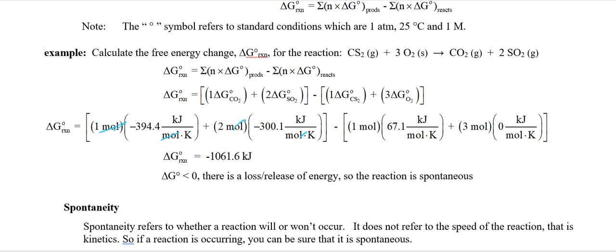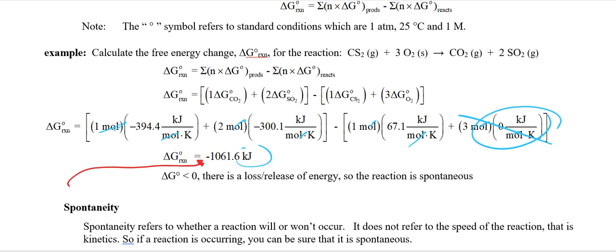Moles cancel moles, but it's 0 anyway, so who cares? And you end up with kilojoules. And that's why sometimes your units are kilojoules for delta G, sometimes kilojoules per mole. That really just depends upon the source. And then by context, you need to apply the appropriate unit. Because delta G is negative here, negatives imply losses.